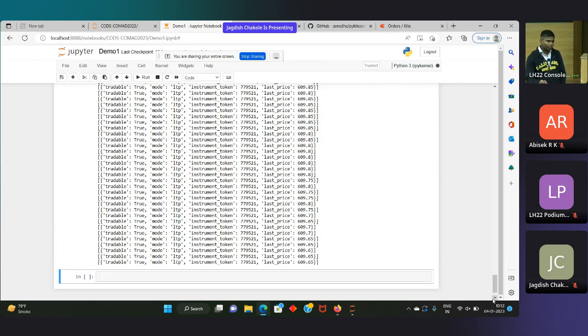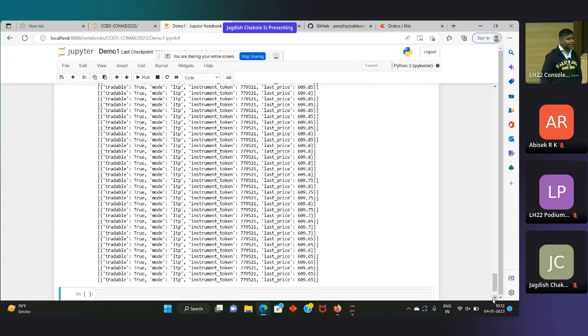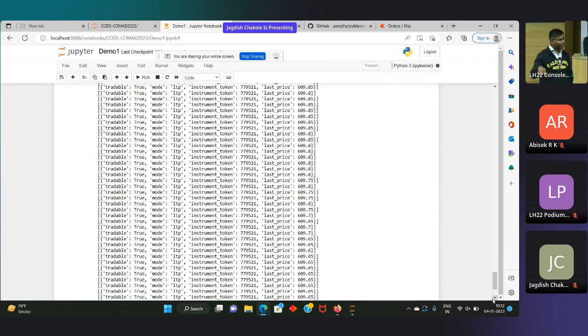Not only for a single stock, we can fetch data for multiple stocks also. We can fetch data for all the stocks listed on the NSE or BSE. Suppose I have a strategy, I can apply it simultaneously on all the stocks. In a crossover strategy, there is a signal when there is a cross, but on every stock there cannot be a trading opportunity every time.